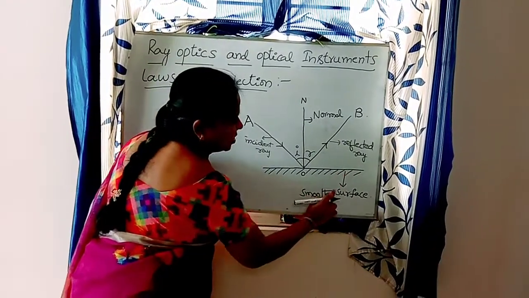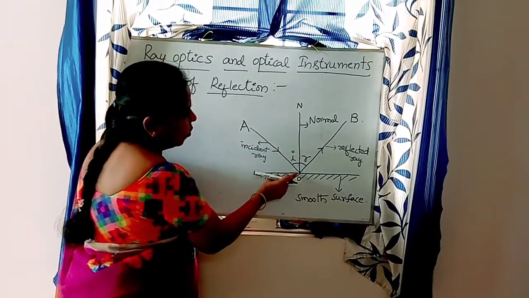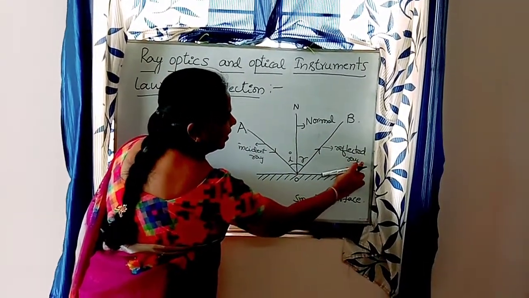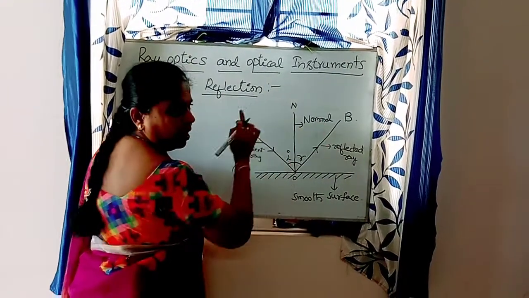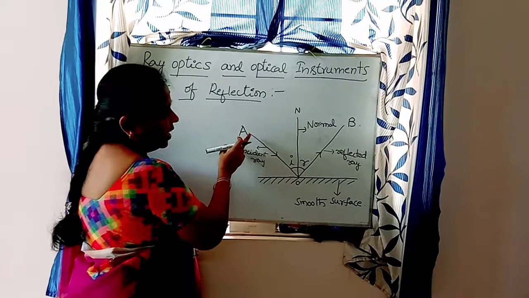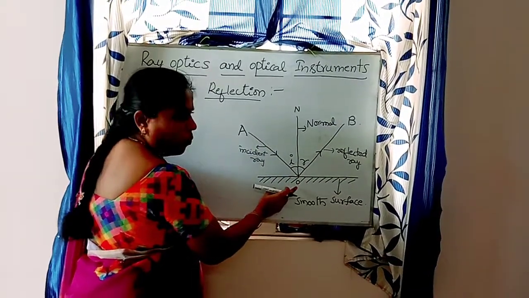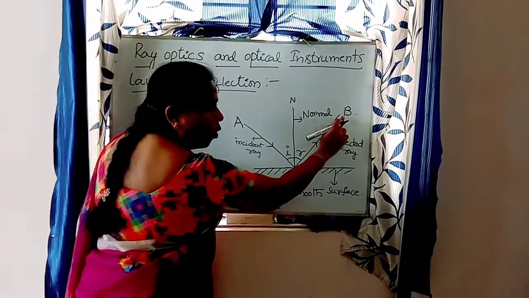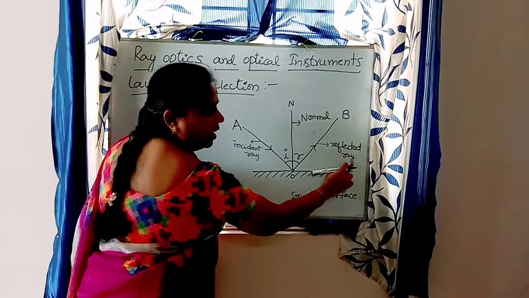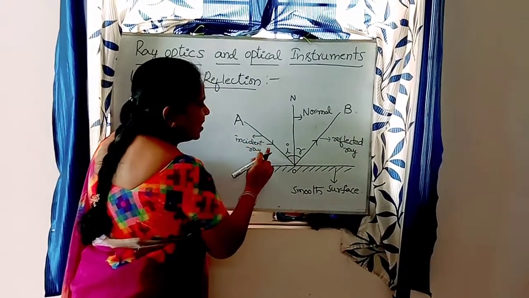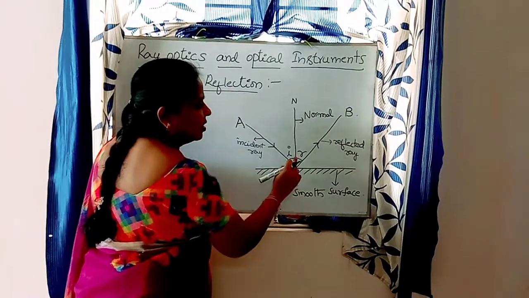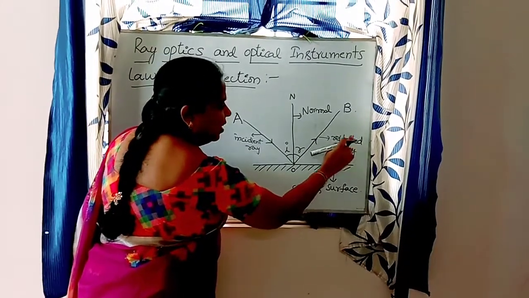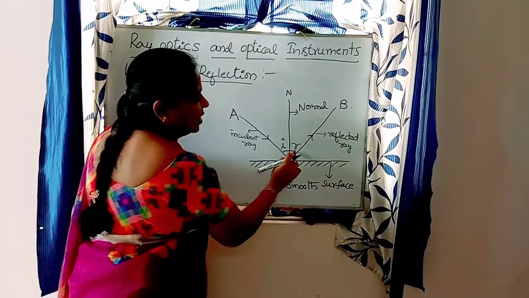This is a smooth surface, and here OA is the incident ray, OB is the reflected ray, and ON is the normal. The light ray OA is incident at point O. After that it bounces back as OB, that is the reflected ray. The incident ray makes an angle with the normal, I, and the reflected ray makes an angle with the normal, R.